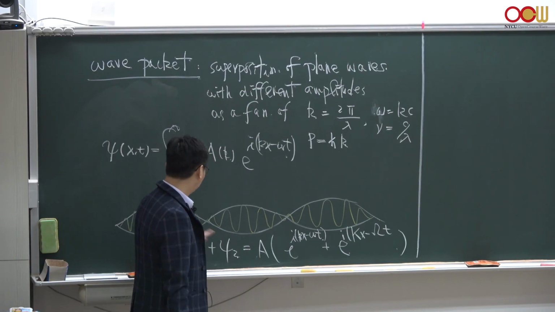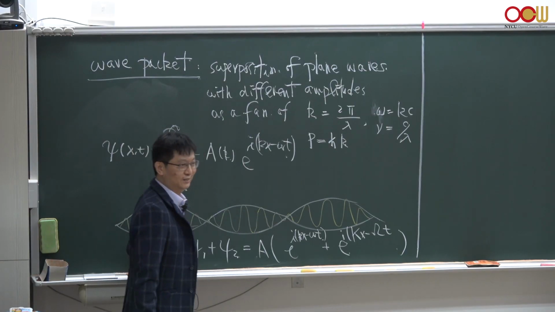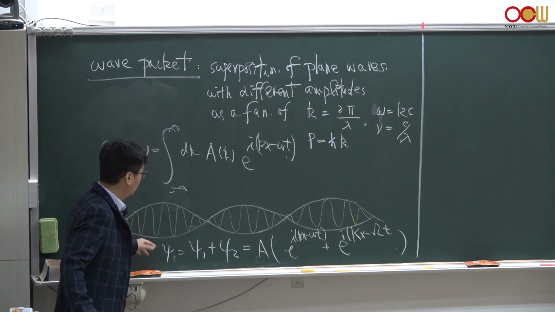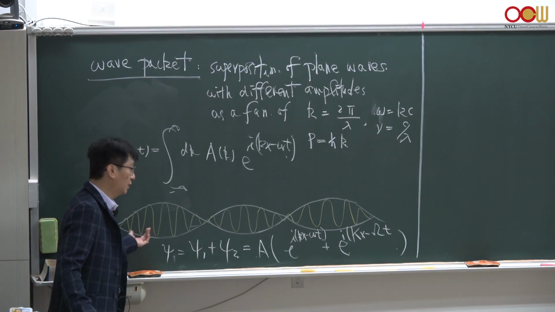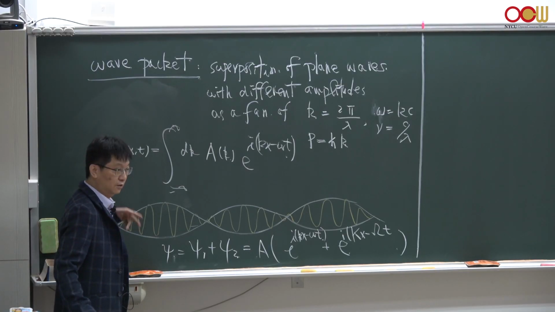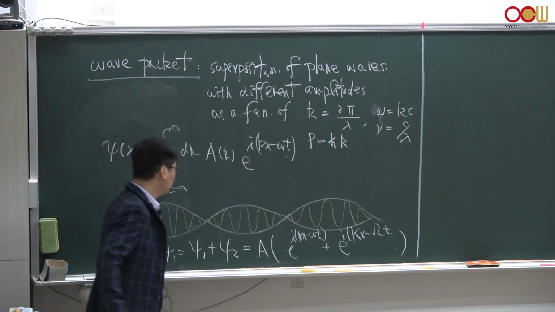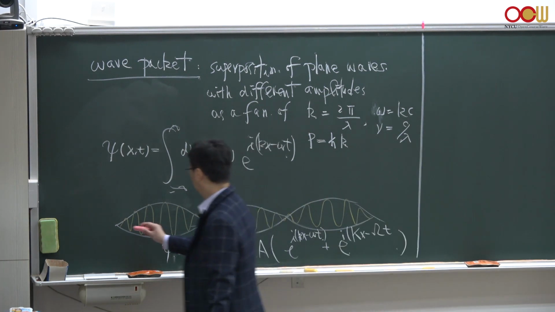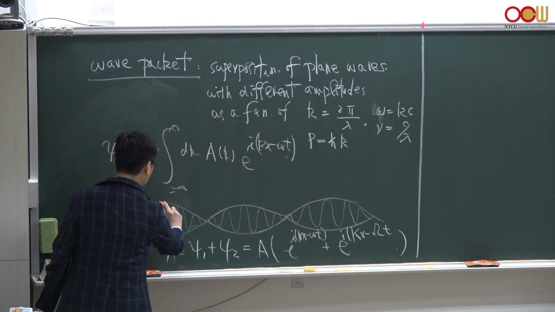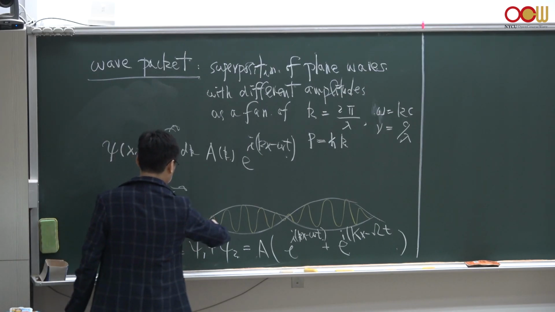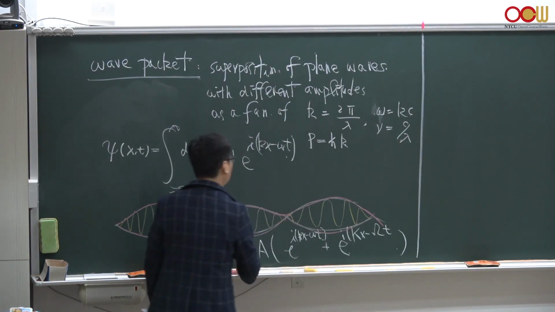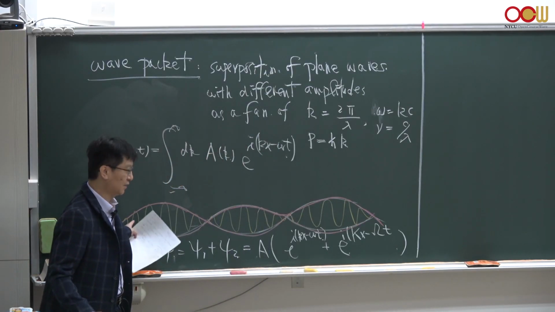And what you get is this figure right here. The yellow little fluctuations are the actual wave that you see when you superimpose these two wave functions. But you can see that there is another kind of oscillation, the envelope. If you trace the maxima and minima of these little yellow curves, this trace is the shape of this envelope marked by red, and this is what we call beat.